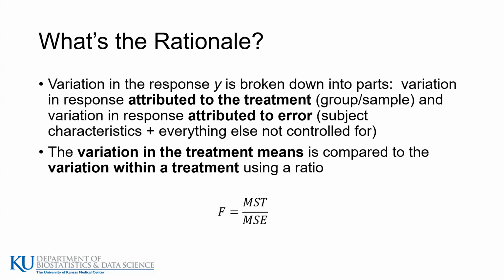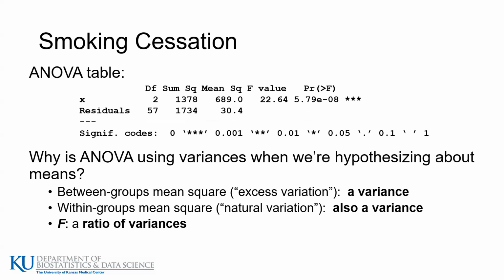If the variation within groups is just as large or larger, then the treatment likely didn't make a meaningful difference. And so this ratio, the F statistic, is the foundation for the ANOVA test.